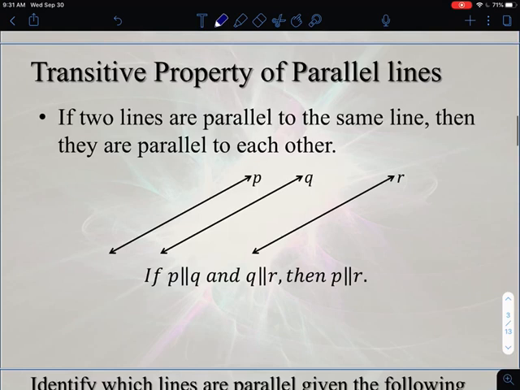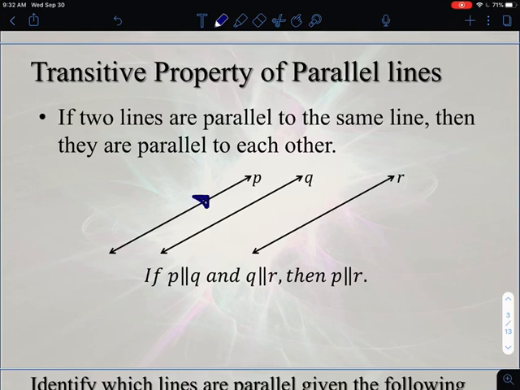The other thing, real quick to talk about, is kind of an extension of one of the properties we discussed in chapter 2, which is the transitive property. If one thing leads to the next and that leads to the next, and one leads to three, that middleman property, well, that also works for parallel lines.